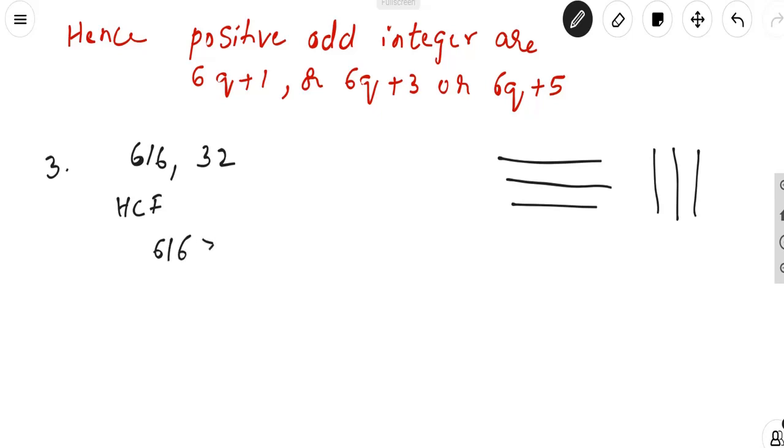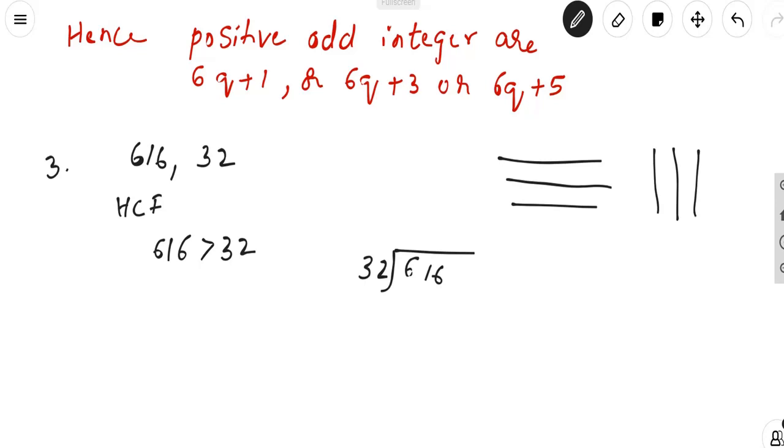Here 616 is your bigger number, so greater than 32. Okay, so how do I calculate? This is how I'll calculate: 616 divided by 32.